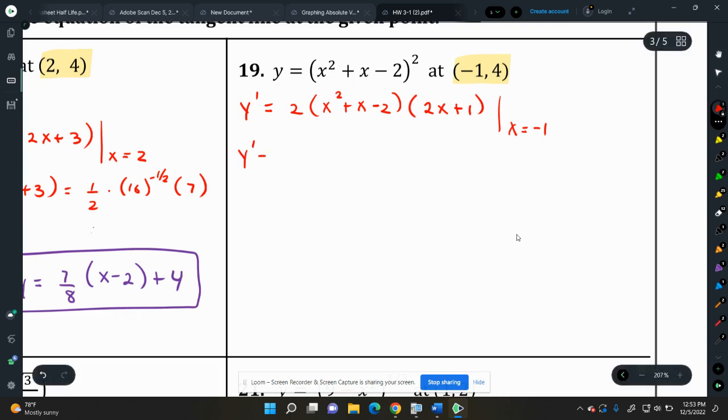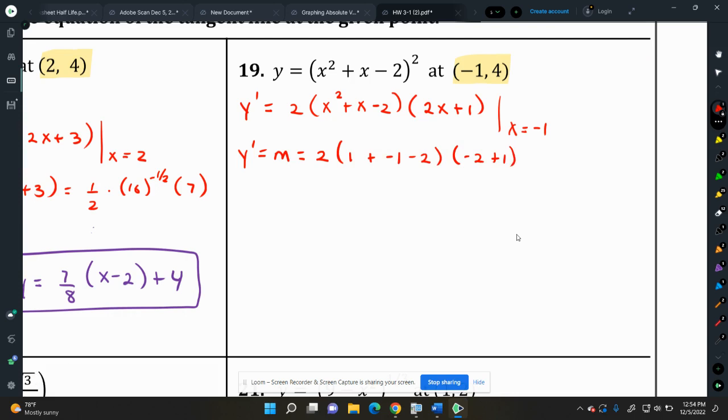So y prime, which is my slope, is equal to 2 times (1 plus negative 1 minus 2) times (negative 2 plus 1). All I did was substitute x equals negative 1 in there.